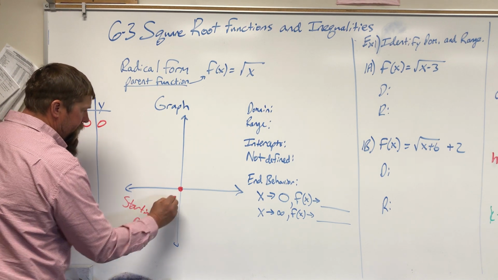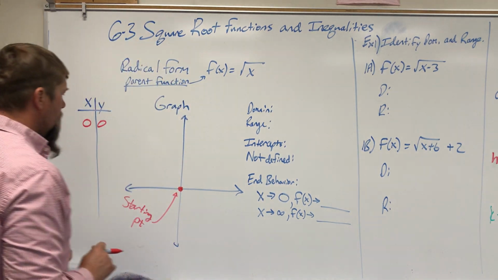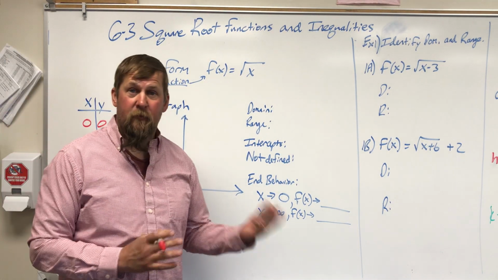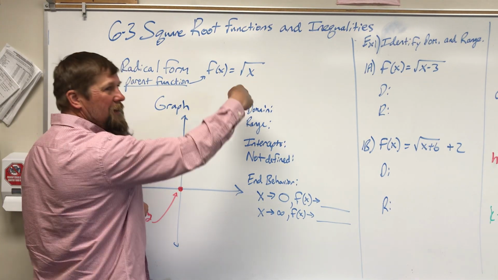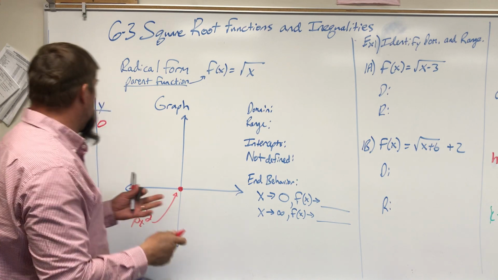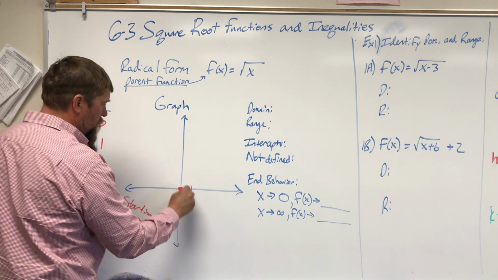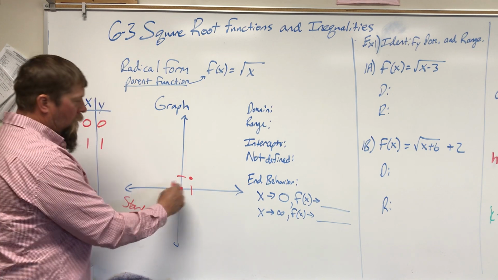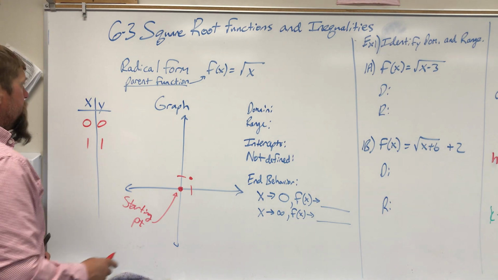That is our starting point for this graph. The starting point basically is kind of like the end point of a graph. It doesn't go on forever in one direction. If I put in numbers, any numbers I want in for x, I could put in 1. Square root of 1 is 1, so it goes up 1 over 1 up 1, just like any other parent function that we talk about.